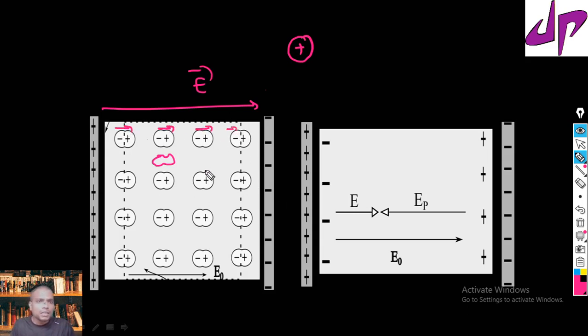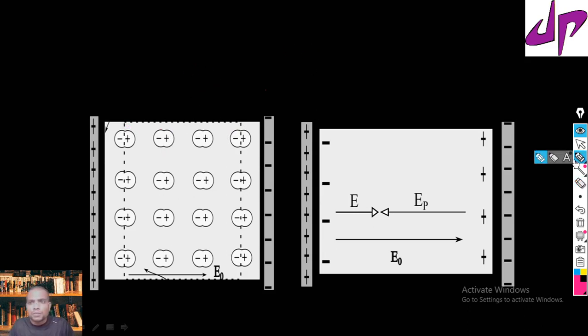There is a dipole moment alignment, but if you closely observe this location where the dotted square has been drawn, and I want to identify the total electric field, the total electric field inside the dielectric material contributes to 0.